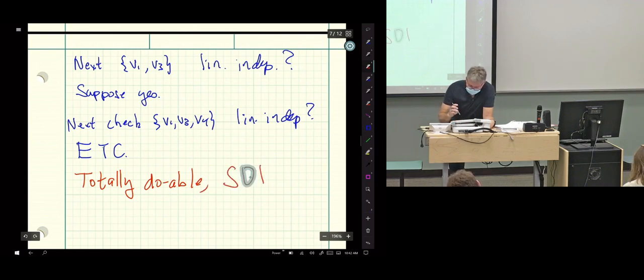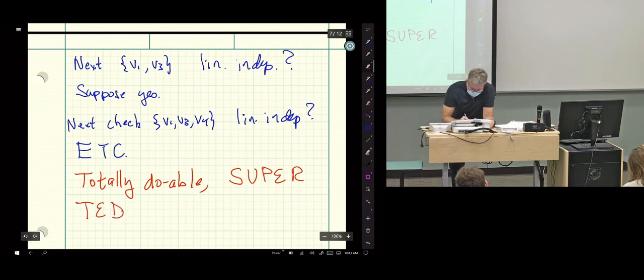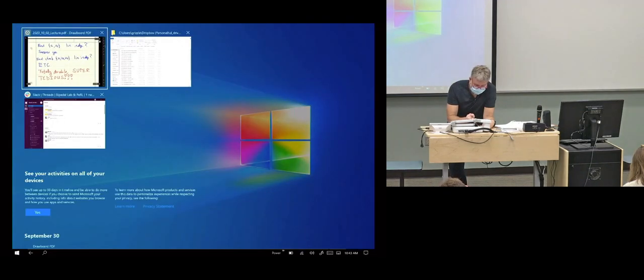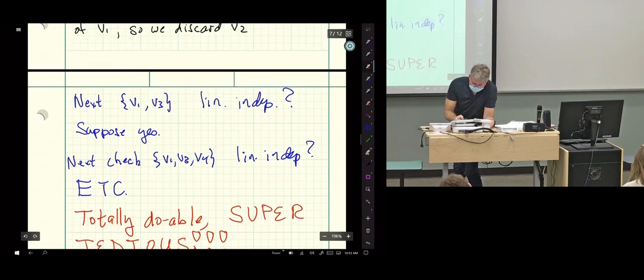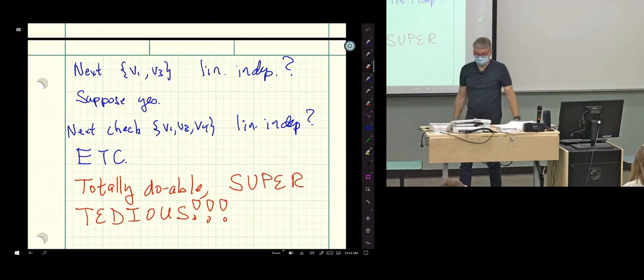That's a U for super, but super tedious, okay? We would not want to do this for a set that had more than like 3 vectors in it. Bingo, save my work. I don't know why I'd want to save it, it's so ugly, but we're saving it.